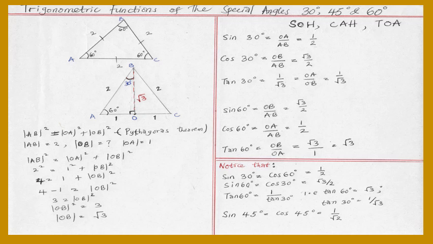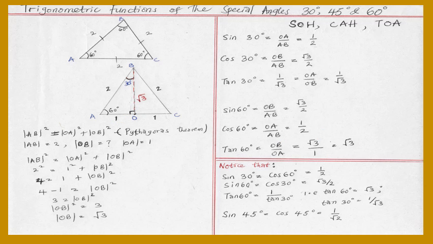Cos 60 degrees is going to be adjacent to 60 degrees, which is 1, over the hypotenuse, 2. So 1 over 2. And our tan 60 is going to be opposite of 60, which is root 3, over adjacent of 60, which is 1. So tan 60 equals OB over OA, which is root 3 over 1. And root 3 over 1 is just root 3.